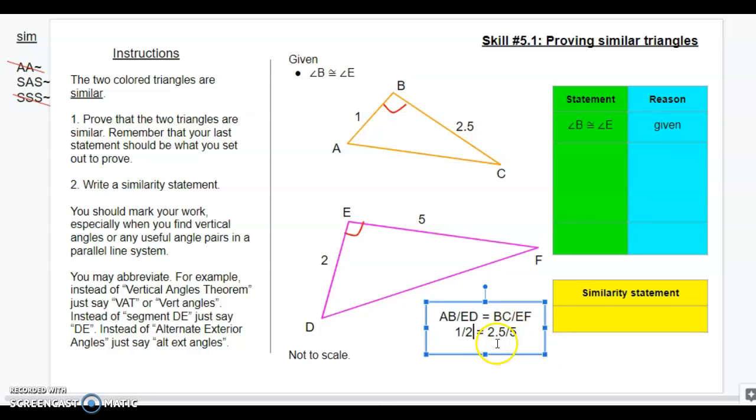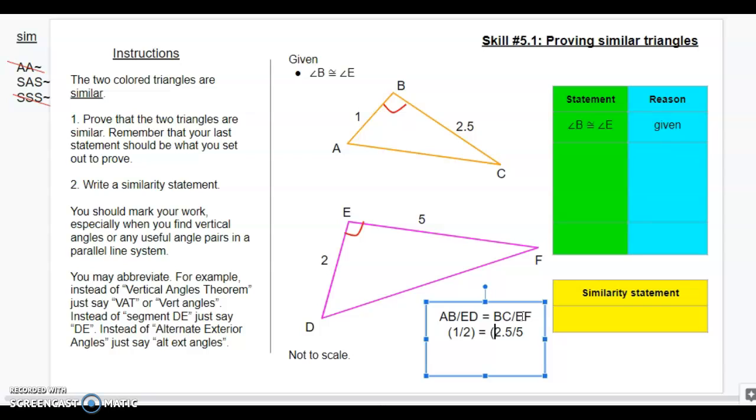Okay, now, is it true that 1/2 equals 2.5/5? Well, what I need is a pair of common denominators in order for these to be checked.